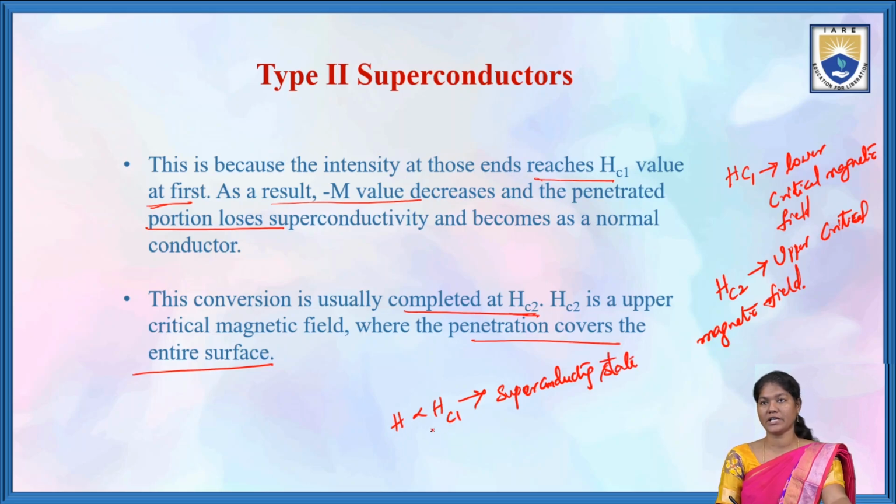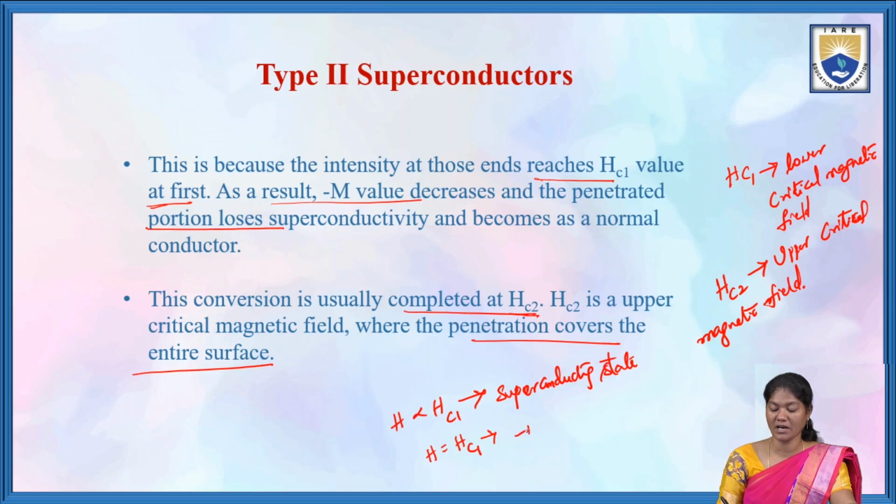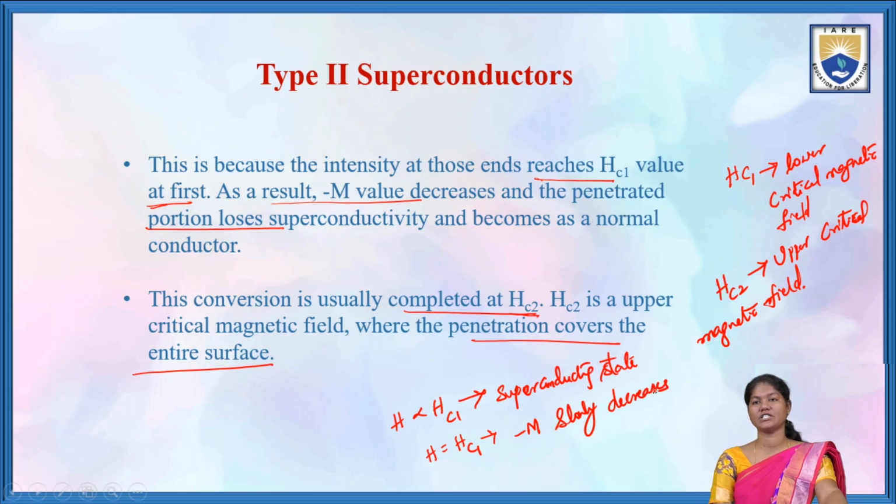At H equal to HC1, the magnetic lines start penetrating. So minus M, the opposing magnetization, slowly decreases, so the conversion starts here from the superconducting to the normal conducting state.